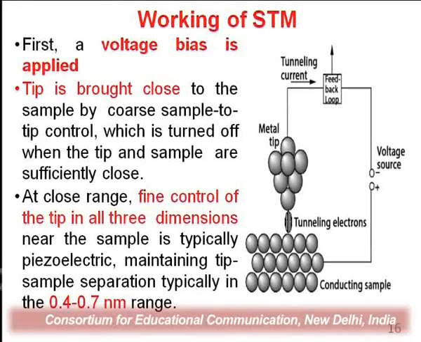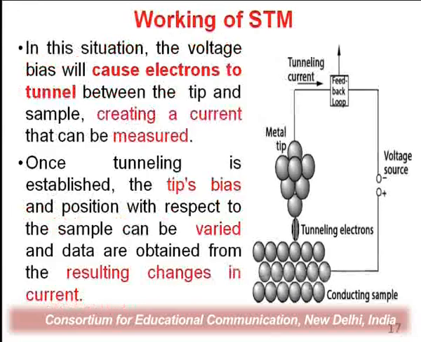At close range, the fine control of the tip in all 3 dimensions near the sample is typically piezoelectric, which maintains the distance between the tip and the sample, typically in the range of 0.4 to 0.7 nanometer as per requirement, so that we can get well-resolved images of the sample using the STM.